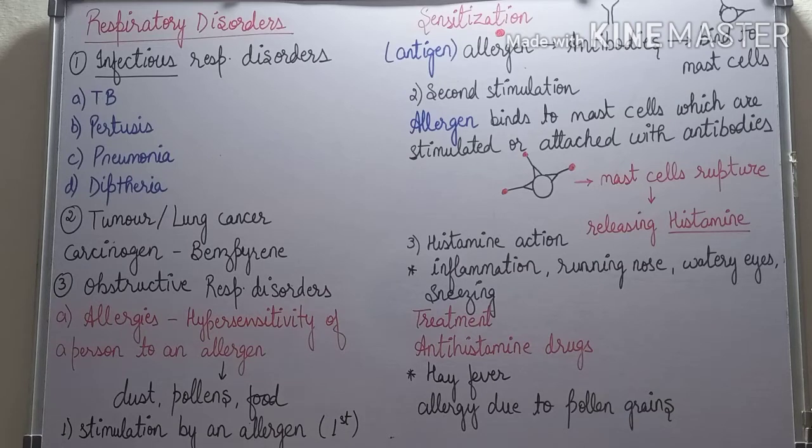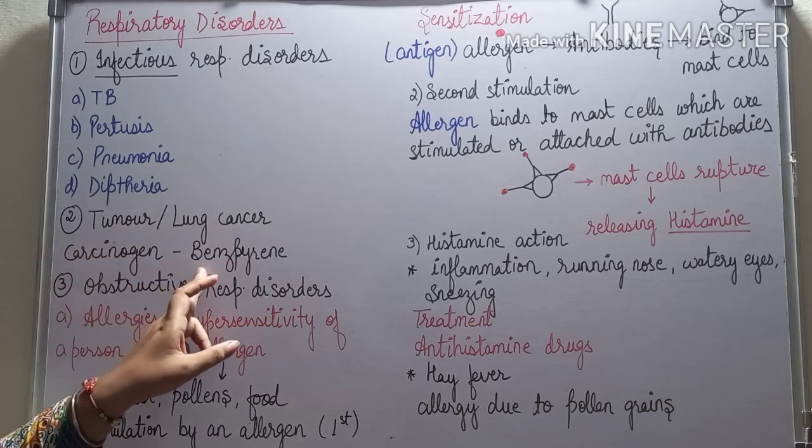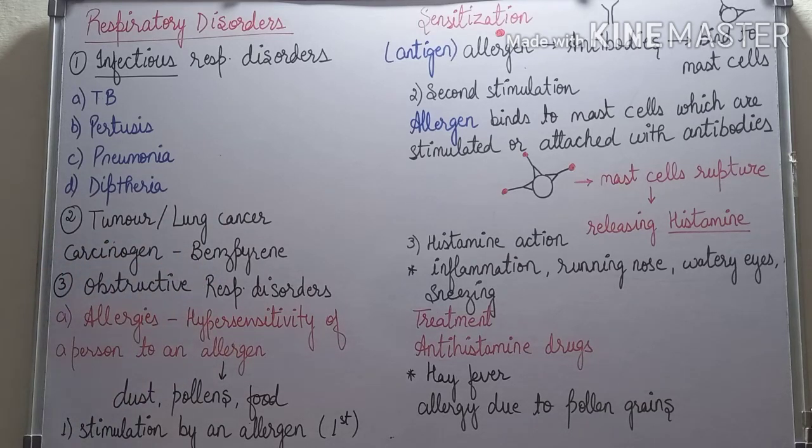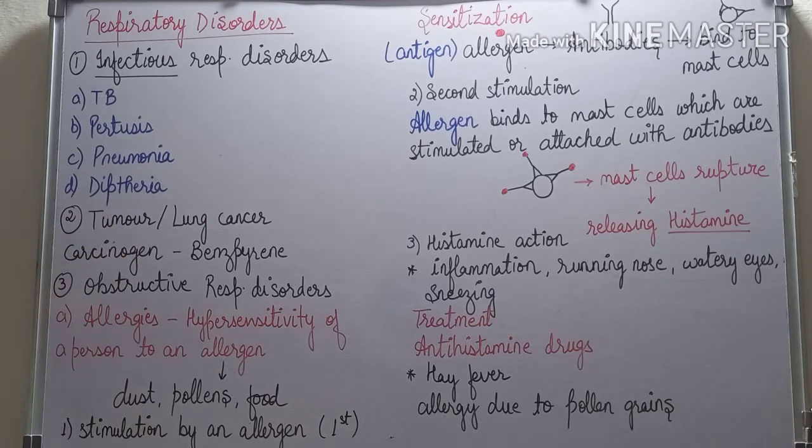What is tobacco? Tambaku. Tobacco contains the carcinogen benzpyrene, and tobacco is consumed in any form, in the form of bidi, cigarette or any other form. So the person consuming tobacco in any form is at high risk of tumor or lung cancer.